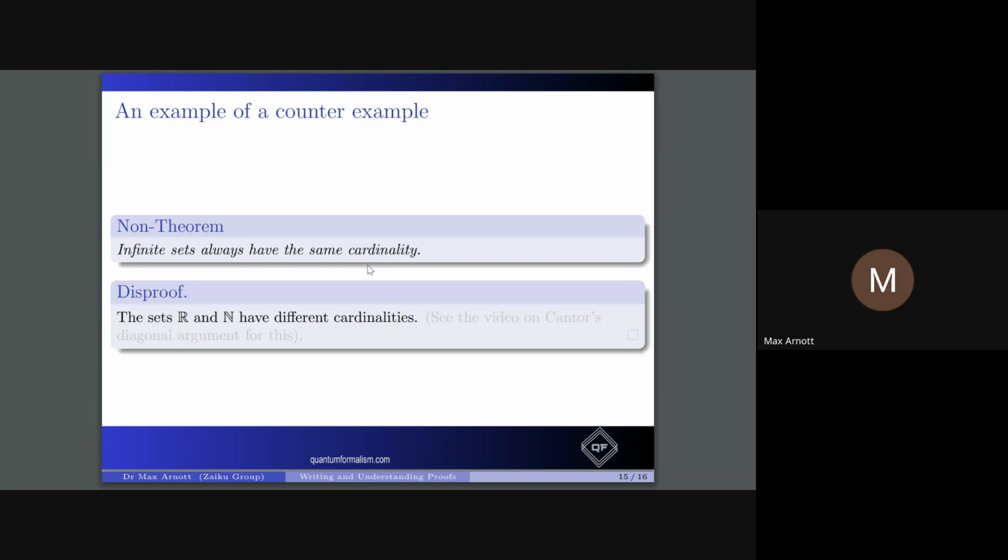So, for example, the real numbers and the natural numbers are 2 infinite sets which have different cardinalities, which disproves the theorem. And I'll point you towards our video we made a few weeks ago now on Cantor's diagonal argument for how you prove this claim. That's definitely a proof that you want to know for the future.